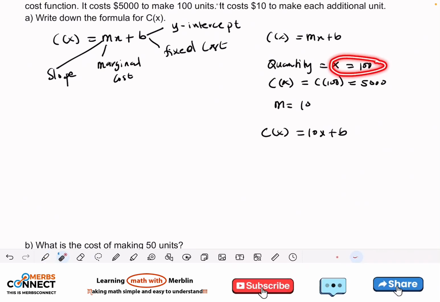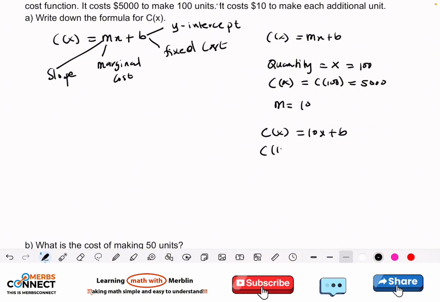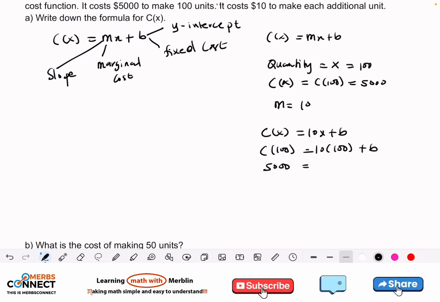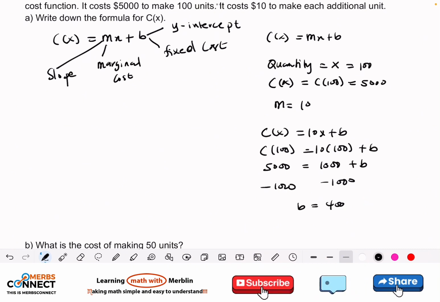So C(100) will be equal to 10 times 100 plus b. But what is C(100)? C(100) is equal to 5,000. So I'm going to have 5,000 is equal to 1,000 plus b. Then making b the subject, I subtract 1,000 from both sides, and b is going to be 4,000.